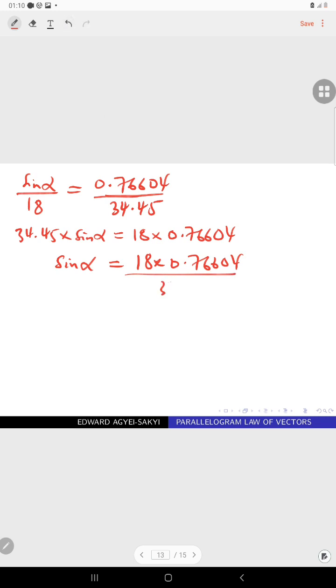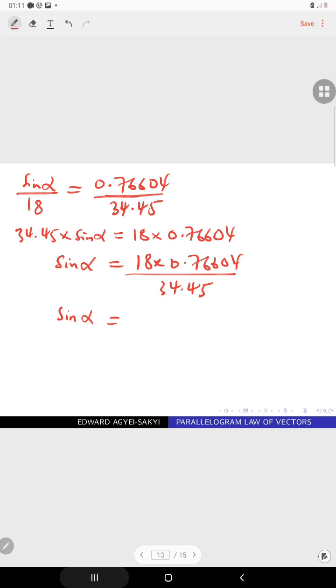We divide here also by 34.45, and you get 1. You won't cancel, but you get 1, so I won't rewrite that part.